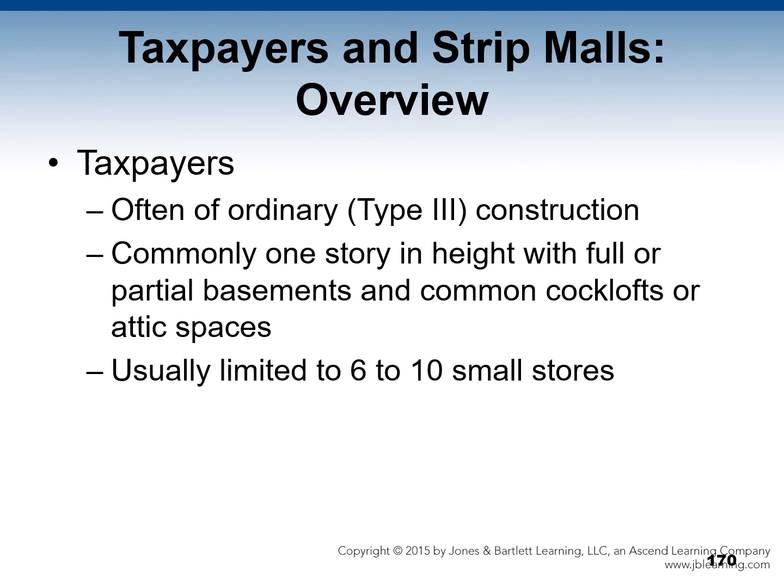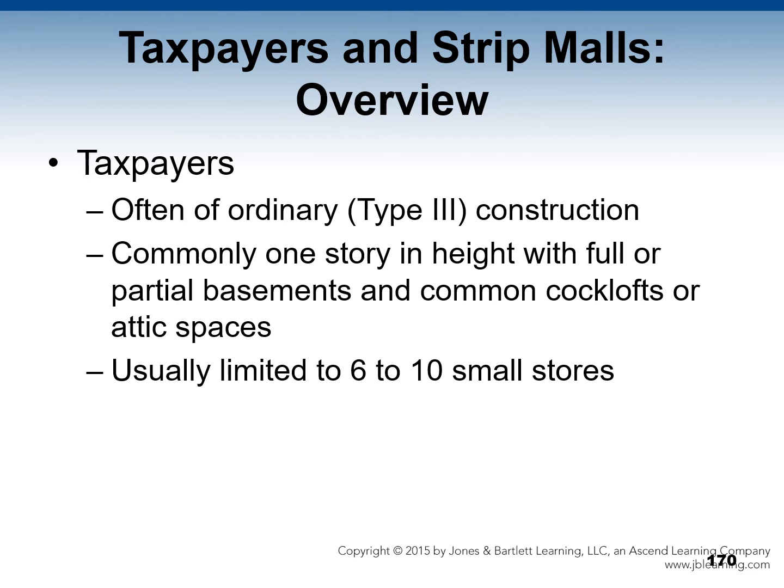Now we'll review taxpayers and strip malls. Some characteristics of taxpayers locations are that they most often consist of ordinary type 3 construction, usually with brick-bearing walls and wood joist roof members. They commonly are 1 story in height, although the 2-story variety can be found in many jurisdictions with apartments on the second floor.